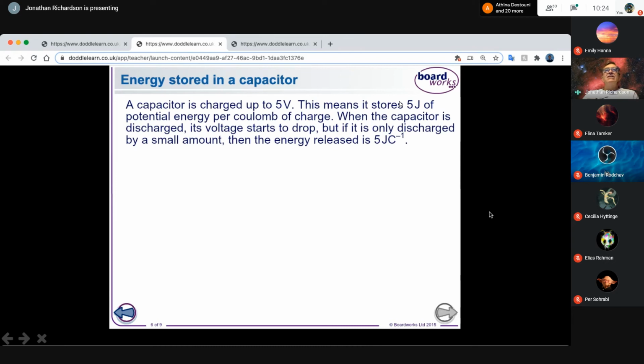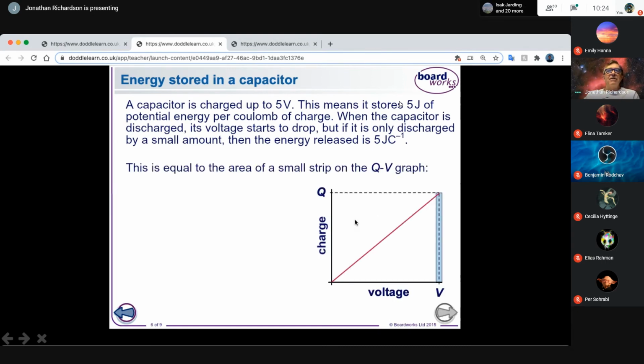It means it stores 5 joules of potential energy per coulomb of charge. So when the capacitor is discharged, its voltage starts to go downwards. But if it's only discharged by a small amount, then the energy released is 5 joules per coulomb. So for every coulomb drop, you would use 5 joules of energy.